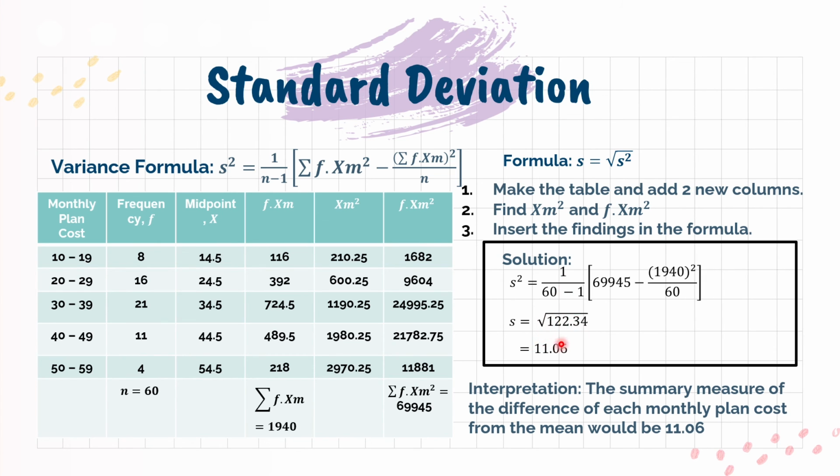Square root it, and we get 11.06. So the measure of the spread of each value from the mean is 11.06.